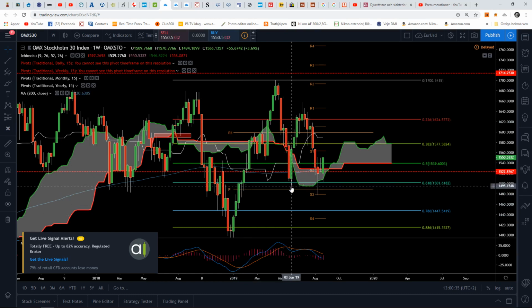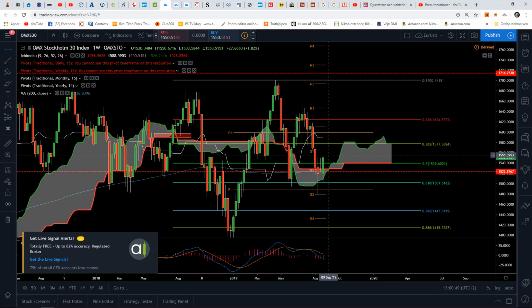Almost did, but still didn't. From a technical point of view, the devil is in the details, so we really need to test it again, and that's what happened here. We tested it, and now price is really looking like it's going to close above here, which will get a buying signal on this time frame.